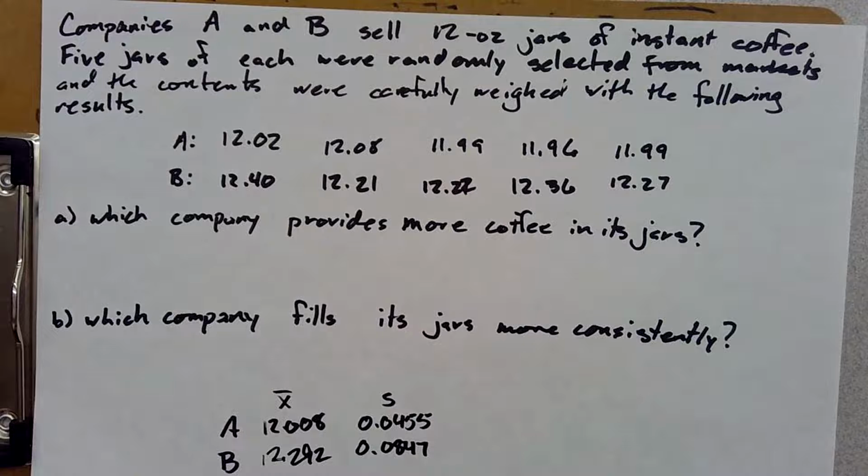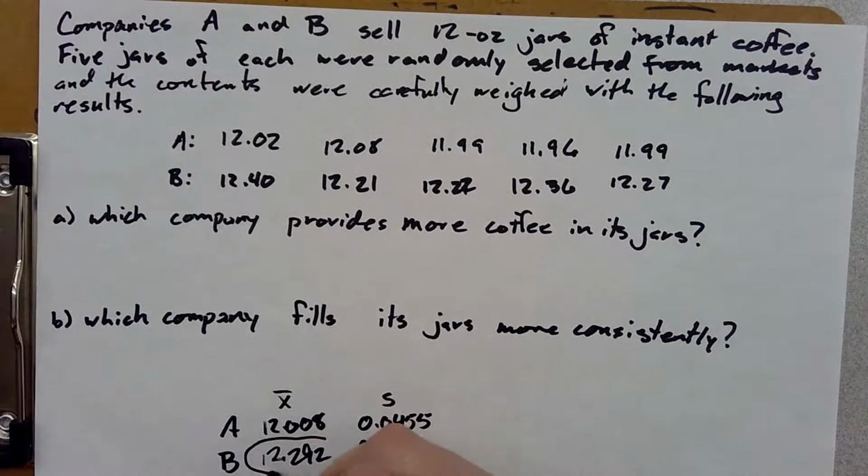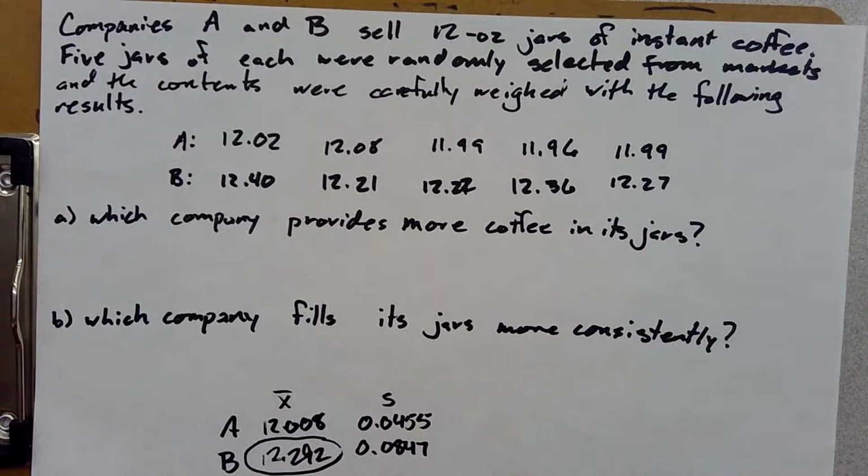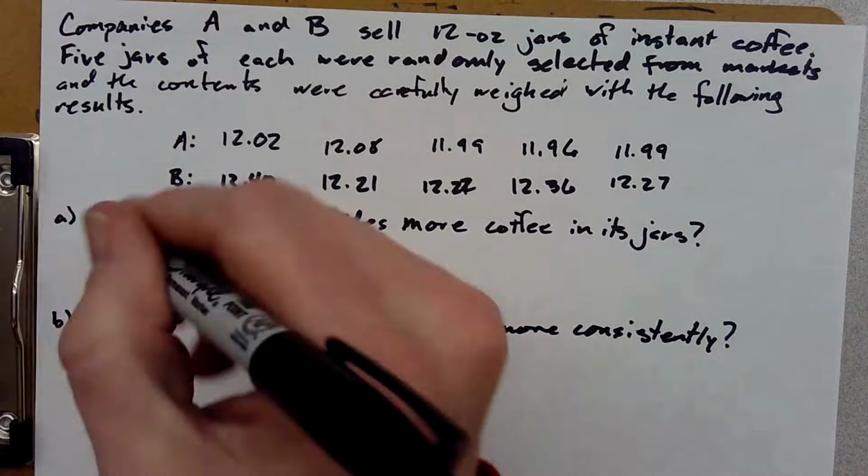Okay, so we are asked first, which company provides more coffee in its jars? And clearly, well, we're talking about fractions of an ounce here, but Company B consistently provides more coffee in its jars.